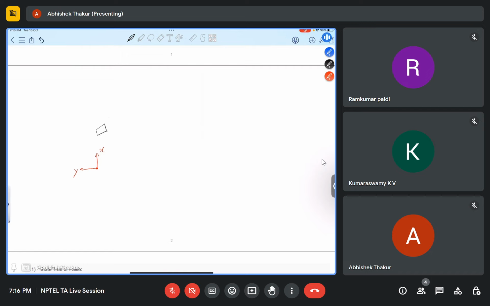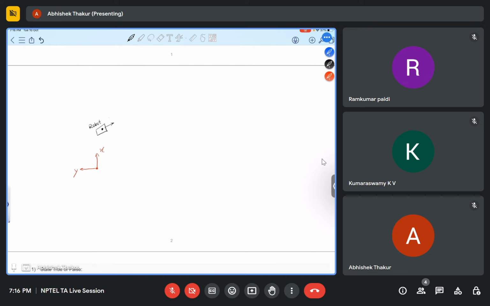Let's suppose this is our robot and the direction is in this. The robot also has an axis at its origin.